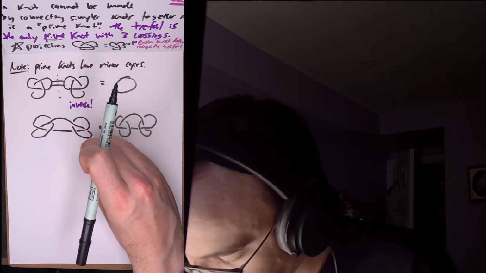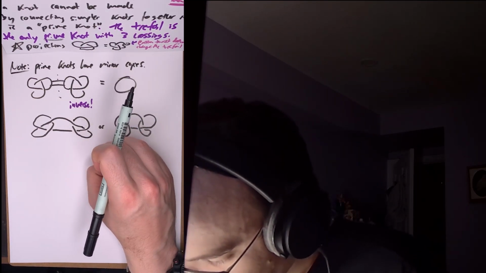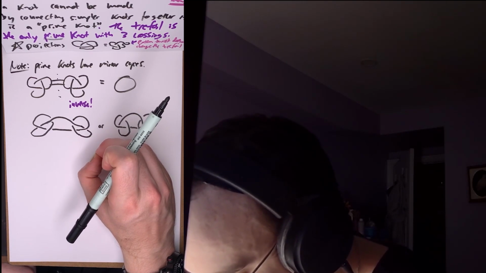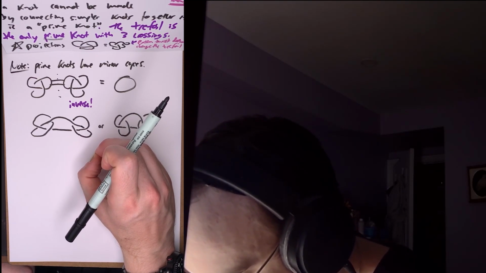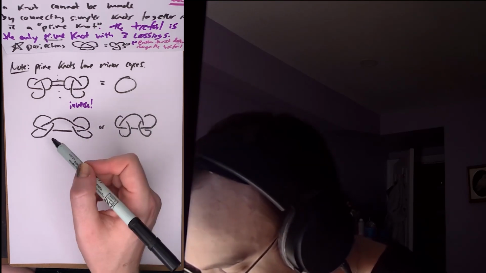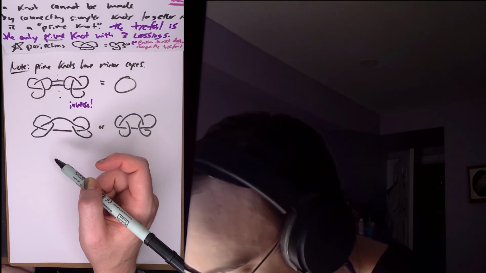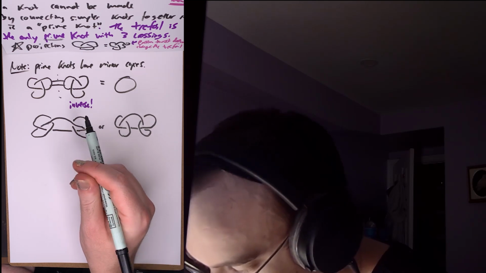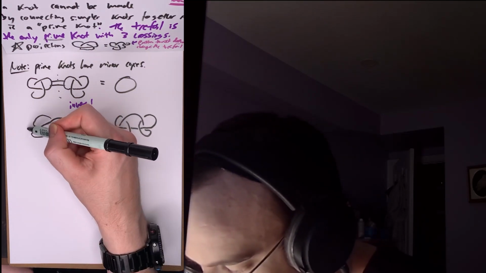So this loop pulls. There's normally just a clear untie. Is there an untie here that I'm just not familiar with? Yes. Oh my gosh.